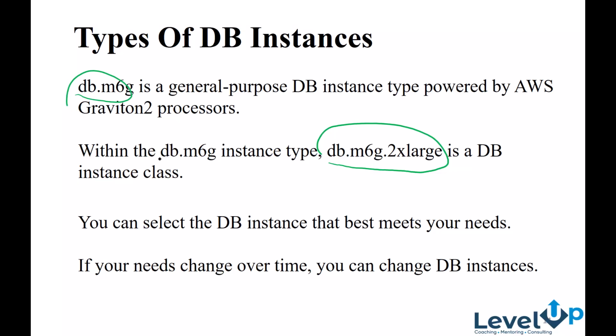Within db.m6g, there are large, small, a lot of options. We'll look into that. Now we can select the database instance that best suits our needs. And if I have selected some instance type and I want to change it, can I change it? Yes, I can change it. We will see that once we do the hands-on exercise.